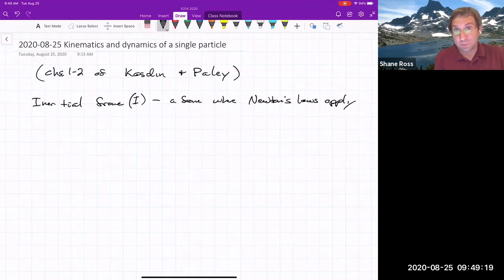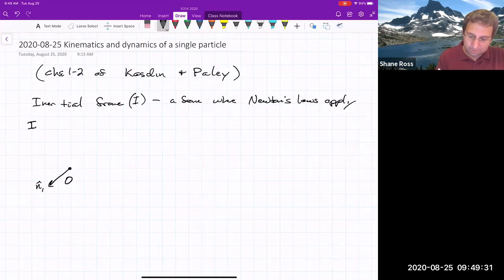Basically, you want it to be not moving, for our purposes, and there'll be an origin, and then we've got some directions, and I'll usually use little n. These are giving unit directions that follow the right-hand rule.